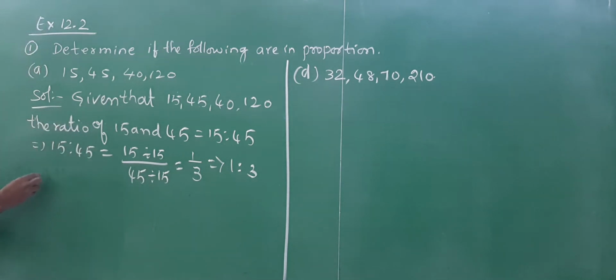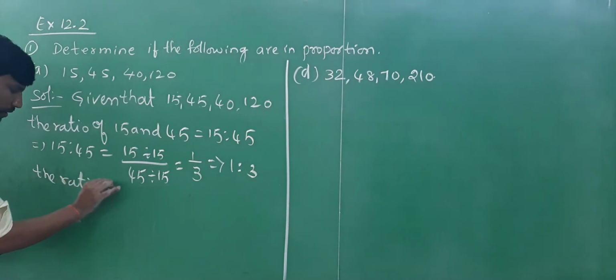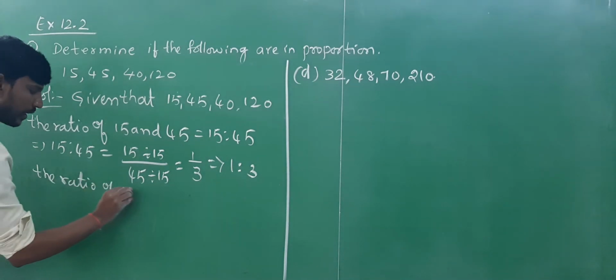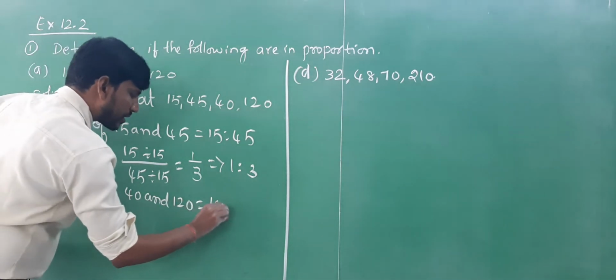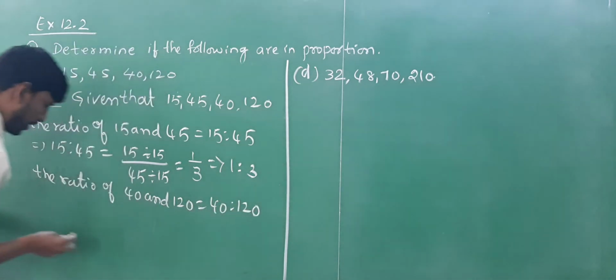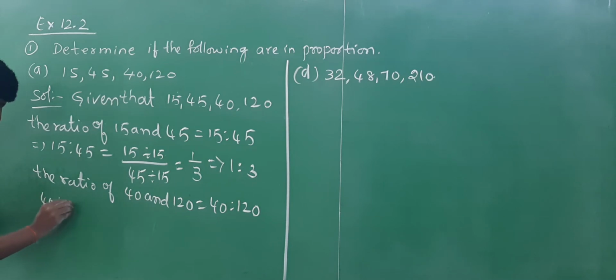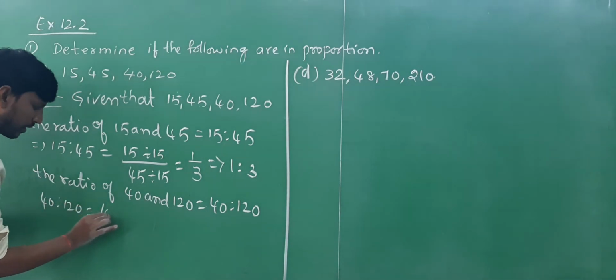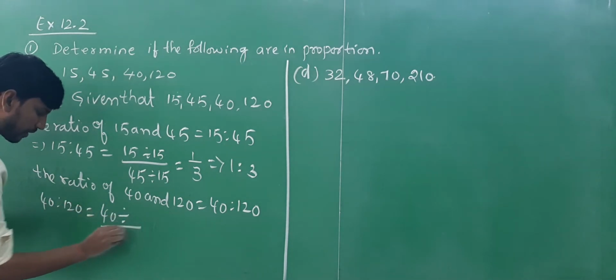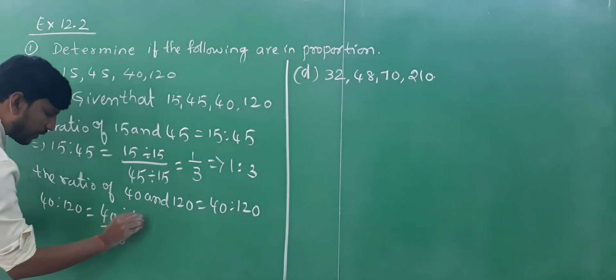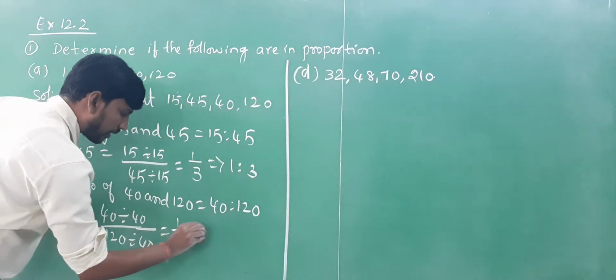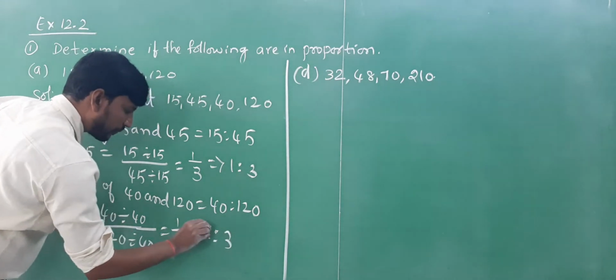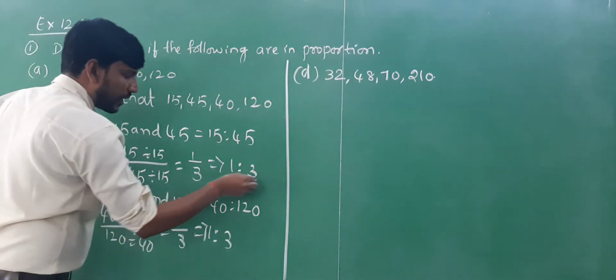Next, we need to find the ratio of 40 and 120, which is 40:120. So 40:120 is 40 by 120 divided by 40. You will get the answer 1/3, which is 1:3. So here we got 1:3.